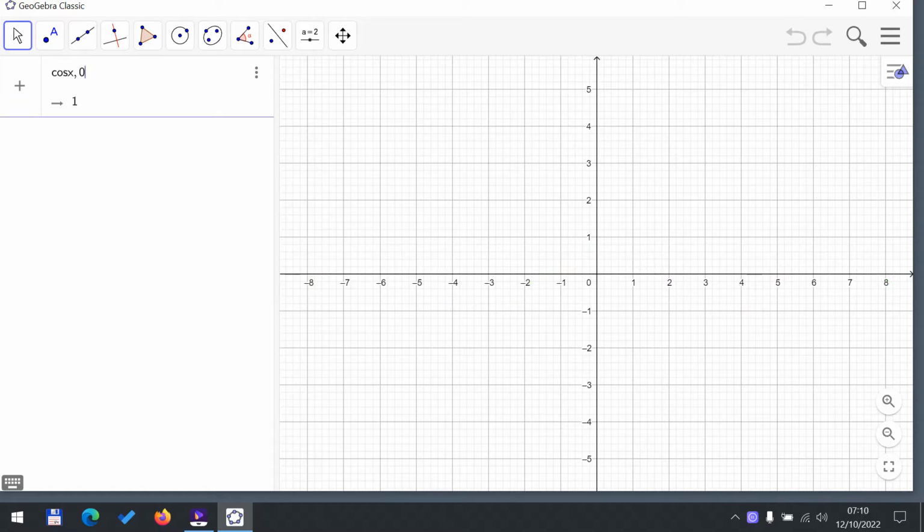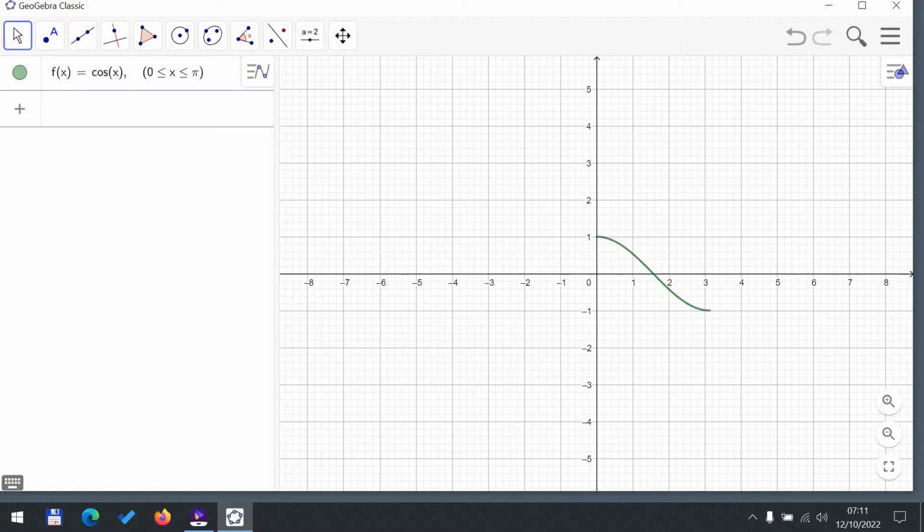So let's limit its domain to the interval between 0 to pi. And now I'll try to plot its inverse.